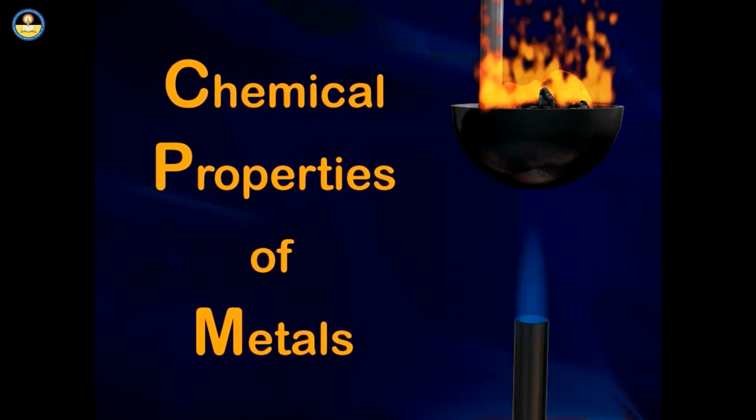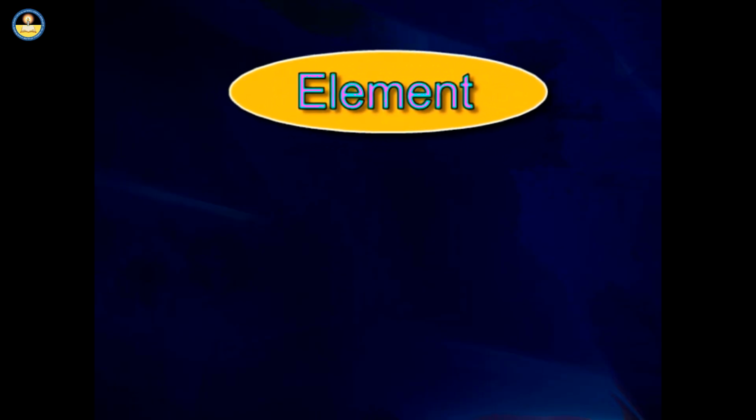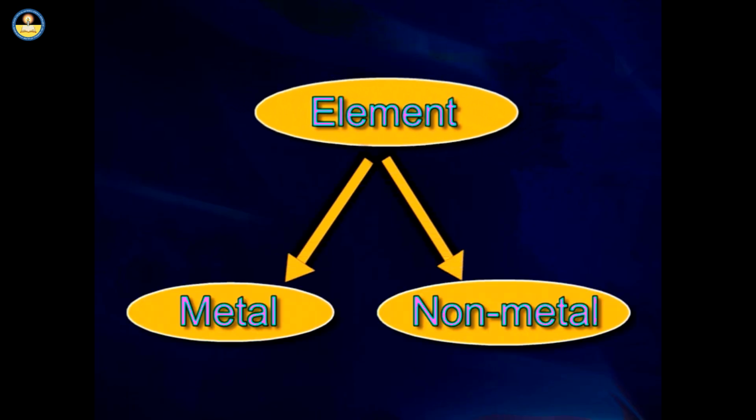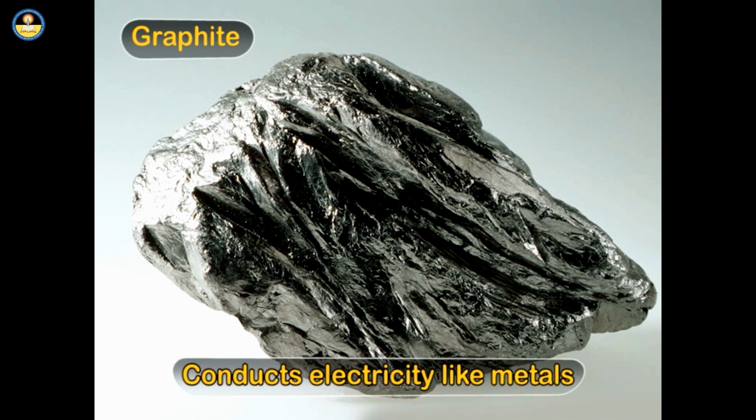Properties of metals. Sometimes, physical properties may not give an indication whether the element is a metal or a non-metal. Let us take an example. Graphite is a non-metal but conducts electricity like metals.